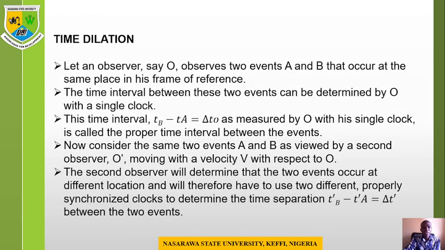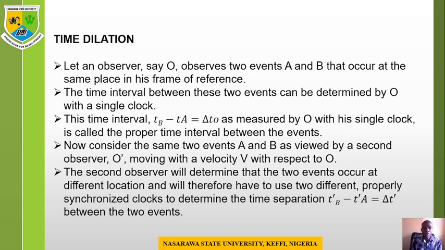So then the last one is time dilation. Here let an observer, say O, observe two events A and B that occur at the same place in his frame of reference.